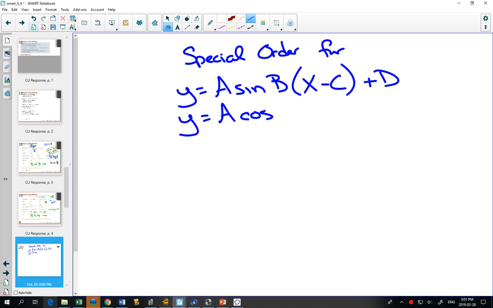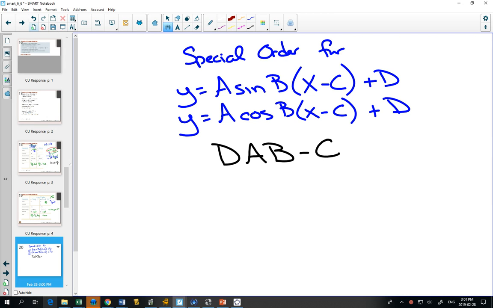You can write this as a title. It works for sine and cos. And I call it dab C.